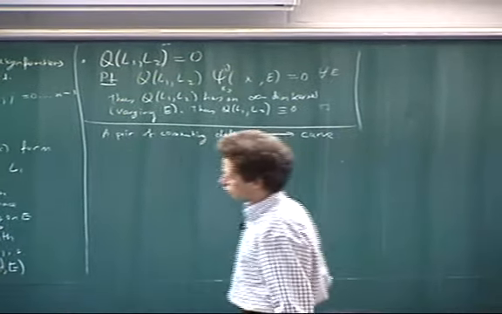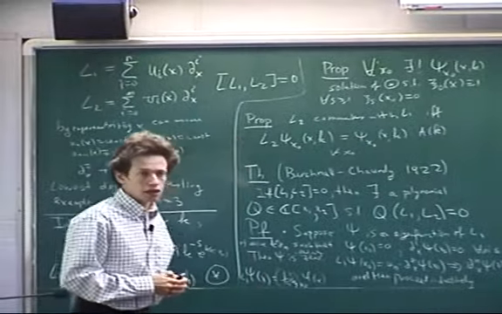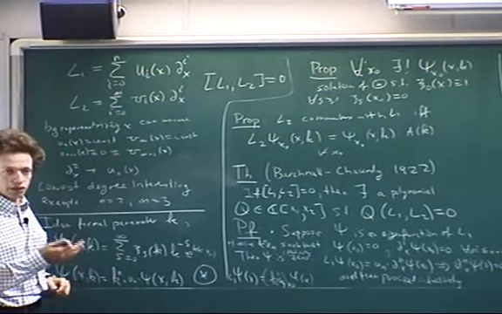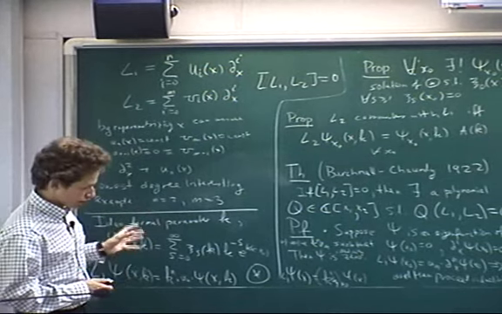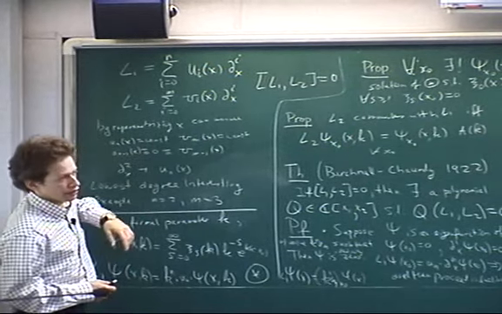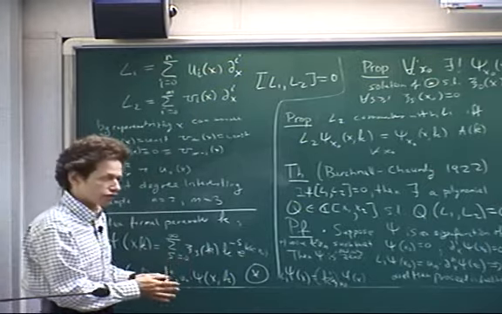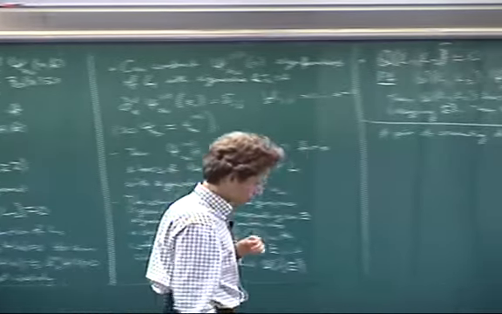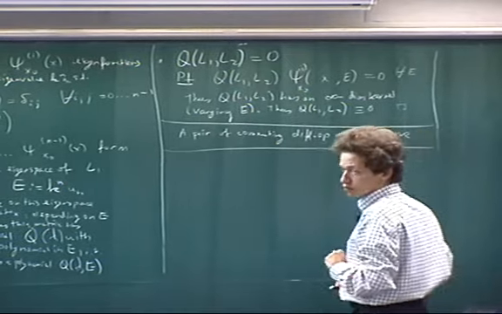I also wanted to remark one other thing. So suppose you have such a pair, L1 and L2. You can ask, well, suppose I keep L1 the same and I change L2 to another differential operator commuting with L1. What will change? It turns out that if you have another operator commuting with L1, it will also commute with L2, and there is an entire ring of commuting differential operators for which you have the same curve, which is called the spectral curve. But unfortunately, I don't have a chance to discuss this now.